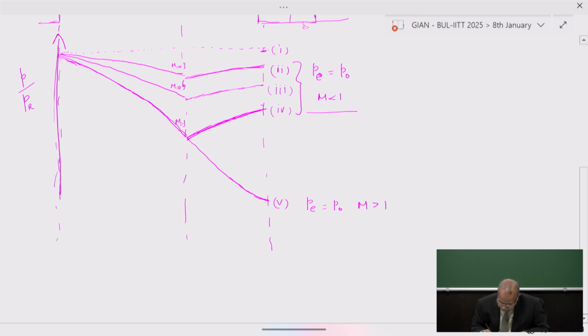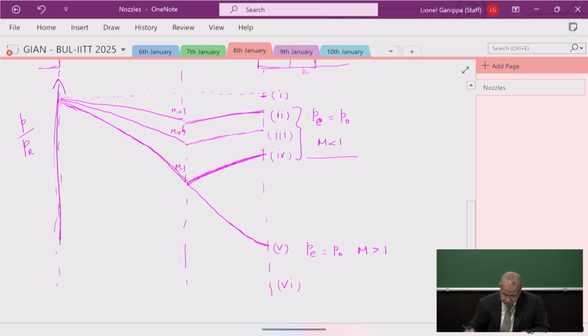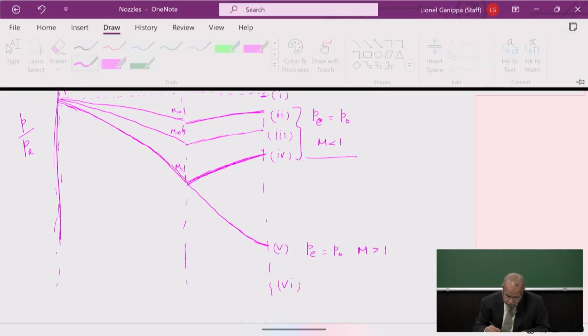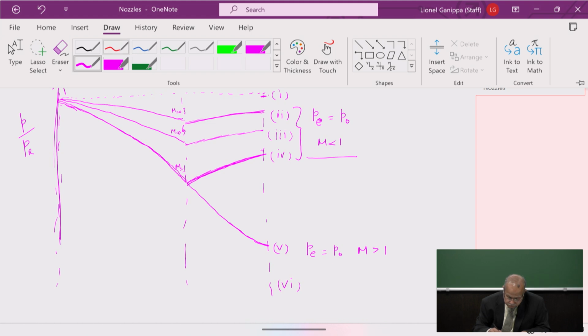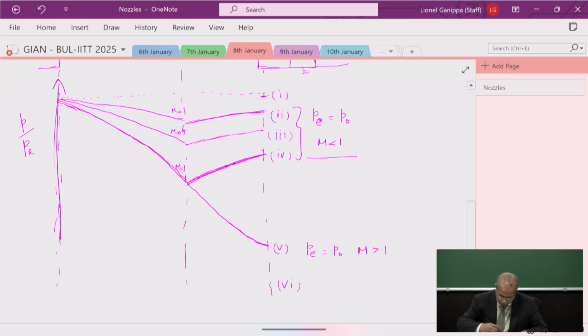Now I'm going to drop the pressure below condition 5. When I do that, the flow will expand isentropically through the convergent part, and the flow will expand isentropically also into the divergent part.